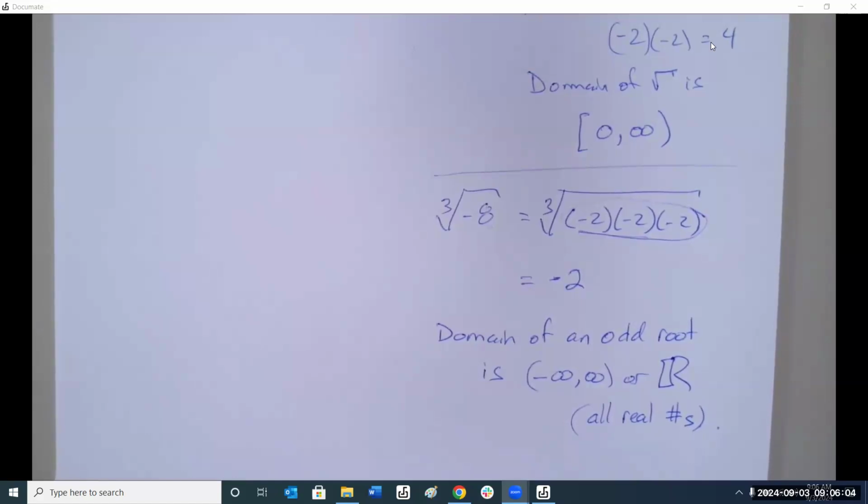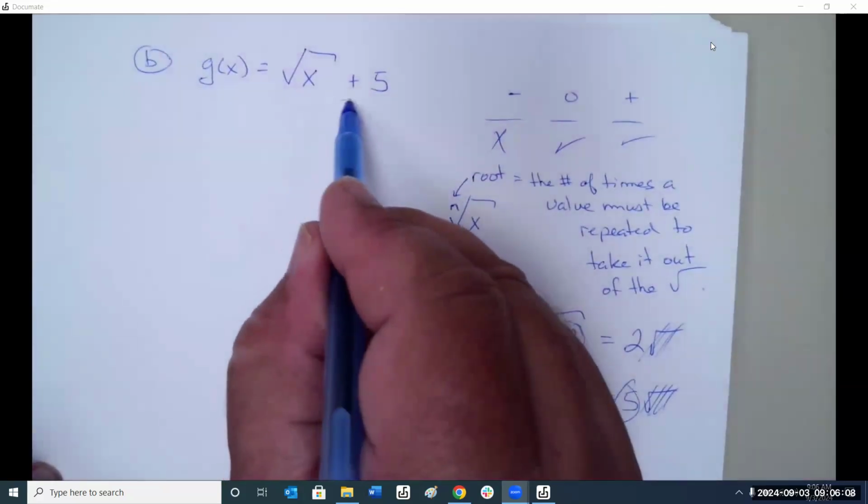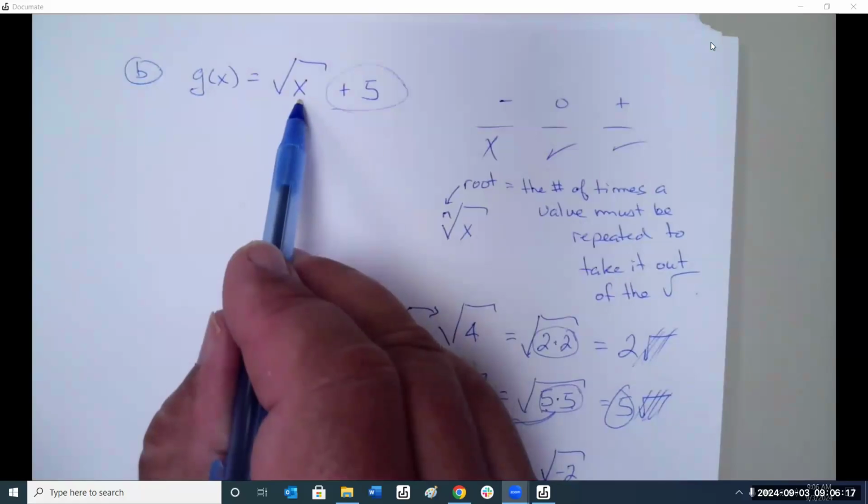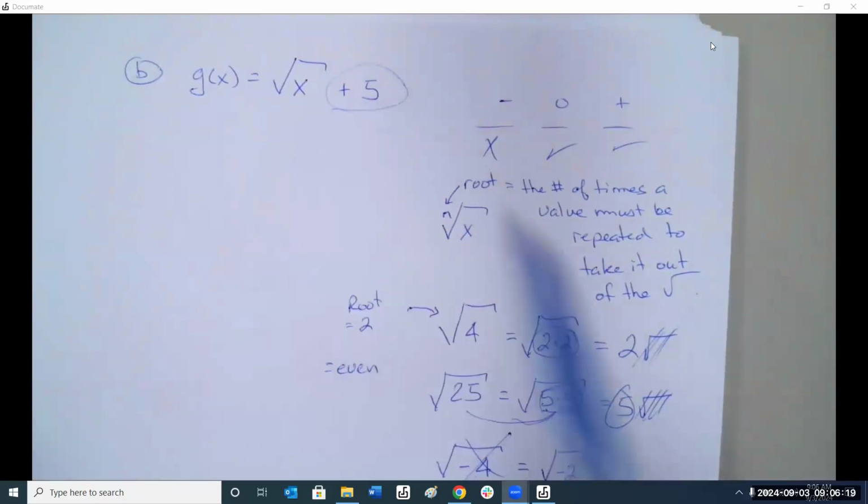That's called end behavior. We'll do that in the next couple of sections. Does this 5 add anything to it? Into the domain? Nope. The domain deals with x. So the 5 doesn't do anything.